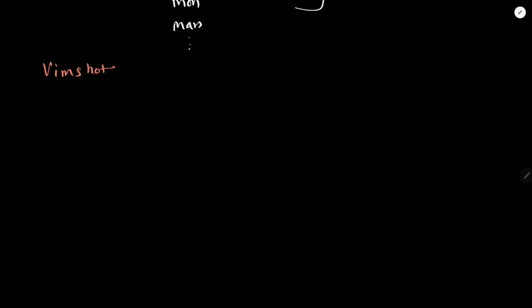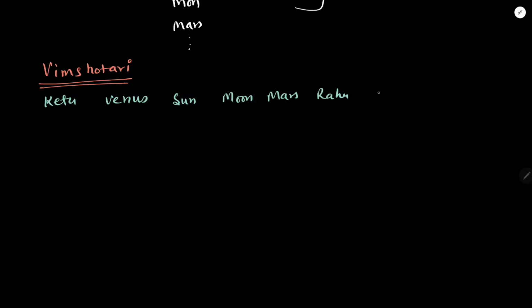So in Vimshottari, there is a particular order of Dasha lords: it's Ketu, then Venus, then Sun, then Moon, then Mars, then Rahu, Jupiter.